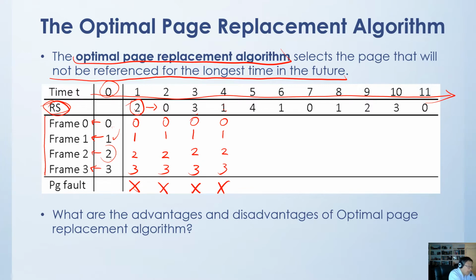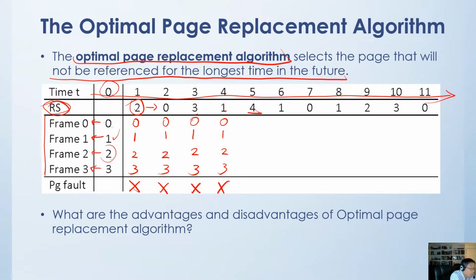And then the next page reference is page 4. Okay. Now page 4 is not in the physical memory, right? And the physical memory is full. So you have to replace one of the pages. So the page replacement algorithm actually kicks in and replaces the page.